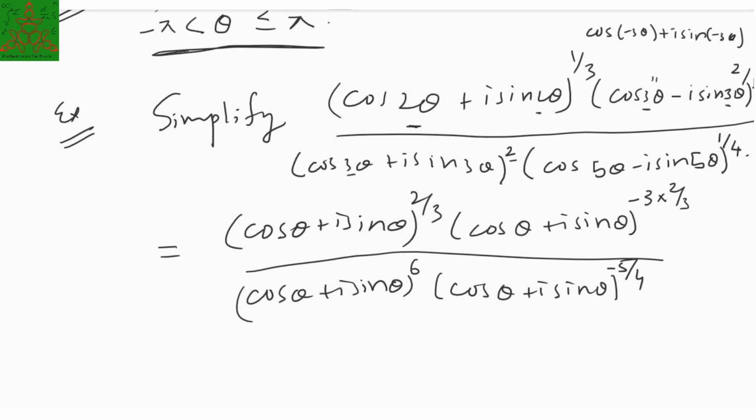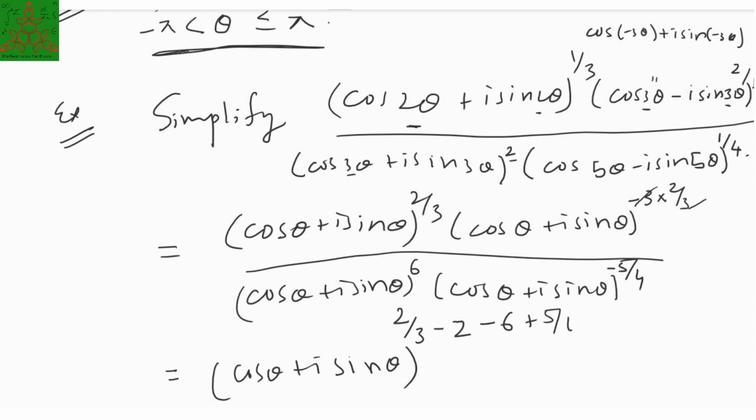So that will give you minus 5 goes up, so that is minus 5 by 4, and so this expression I can write as cos θ plus i sin θ raised to 2 by 3 minus 2, because the powers will add here, 3 will cancel out, so it is 2 by 3 minus 3, and this 6 will go up, so it is minus 6, and this is plus 5 by 4.